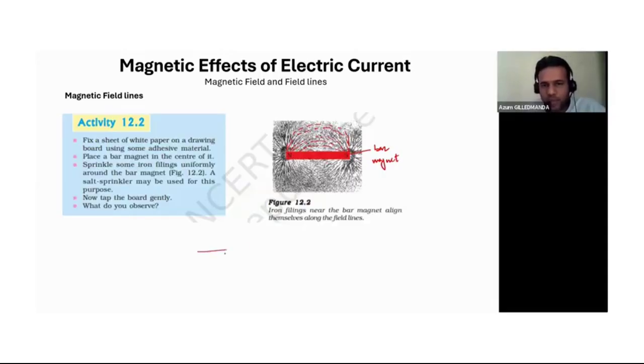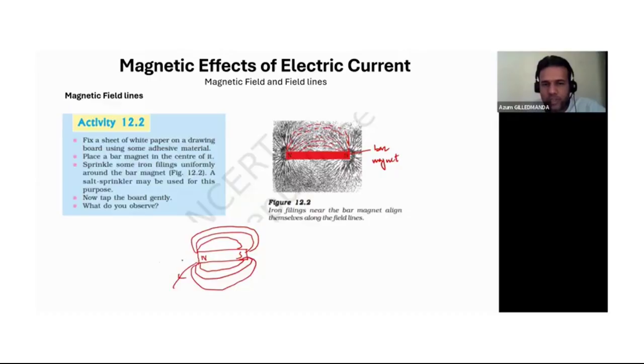If we draw this, I have a bar magnet here, with the north and south pole. The magnetic field lines will form like this. I'm drawing it roughly from north to south, and from here it will be like this.